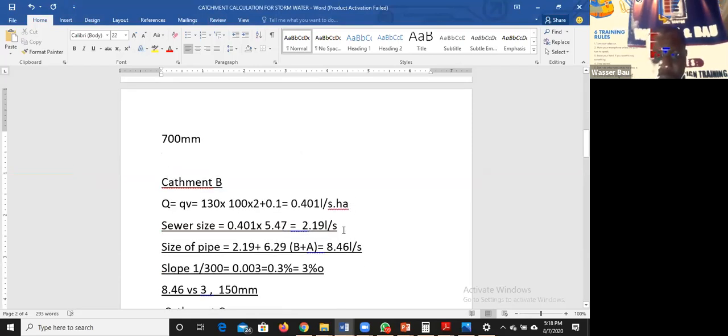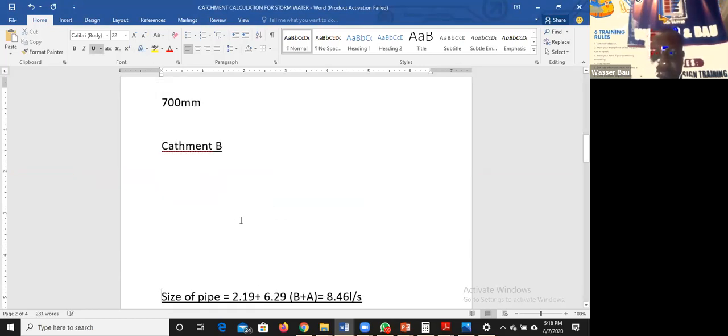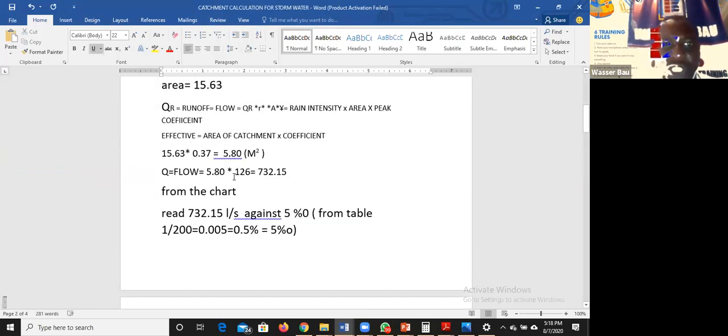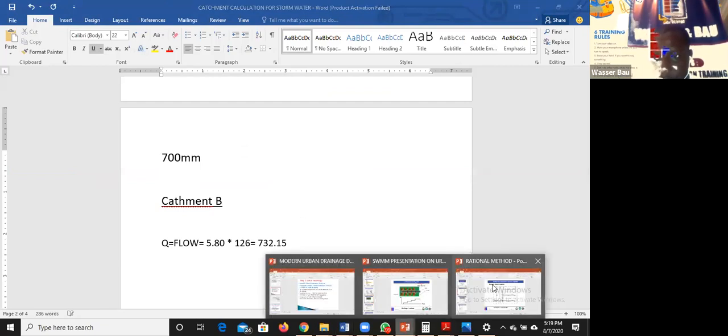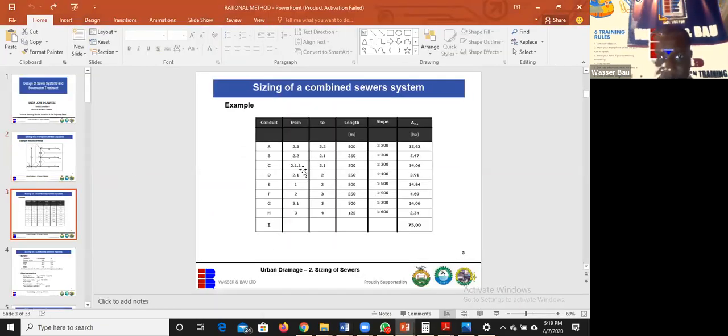What is just going to change in B now is simply the area. So the flow for catchment B is going to be the area of B. Hold on, stay with me. B is 5.47.